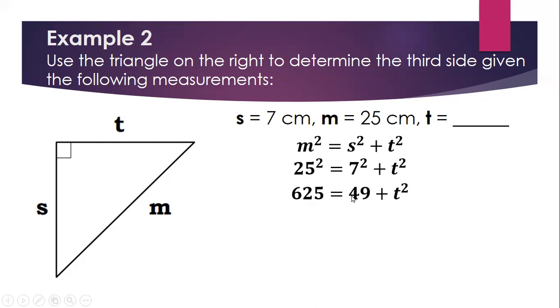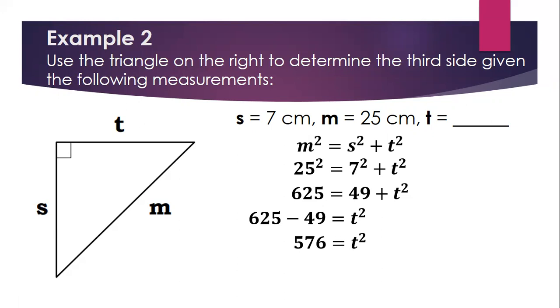So, para matira si T squared dito sa side na to, we need to do the addition property of equality wherein si 49 ay malilipat dito sa kabilang side. Okay, so we have 625 minus 49 is equal to T squared. Okay, and then subtract, 625 minus 49 is equal to 576 equals T squared.